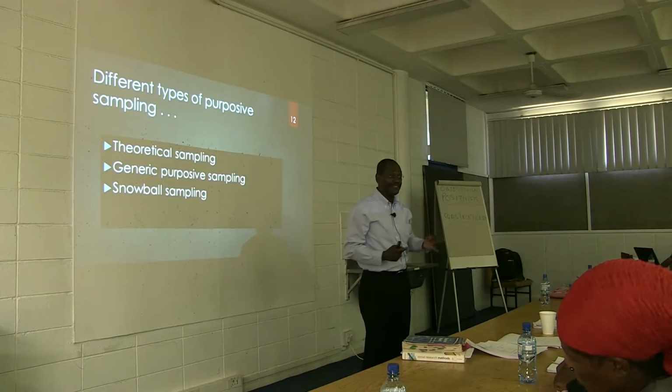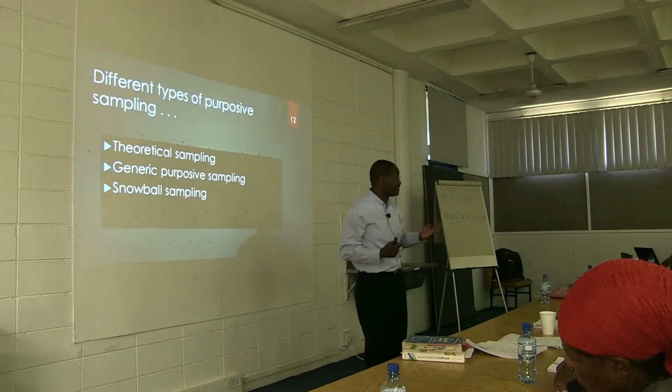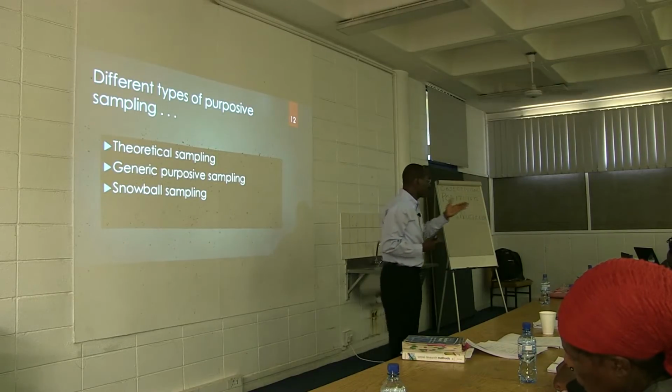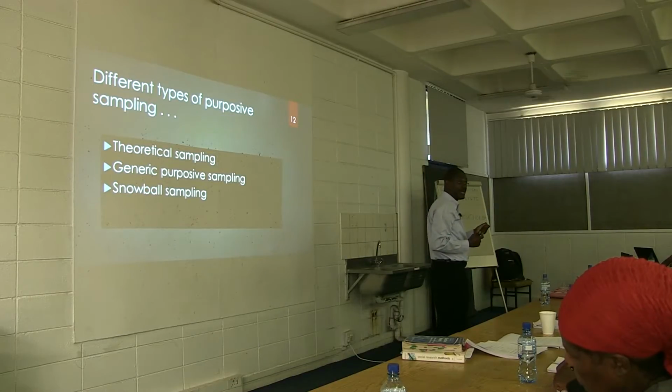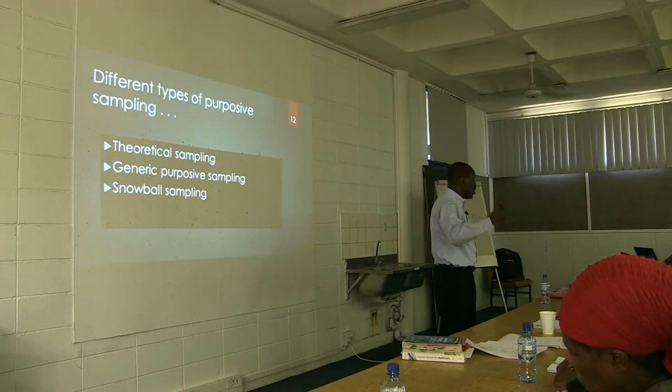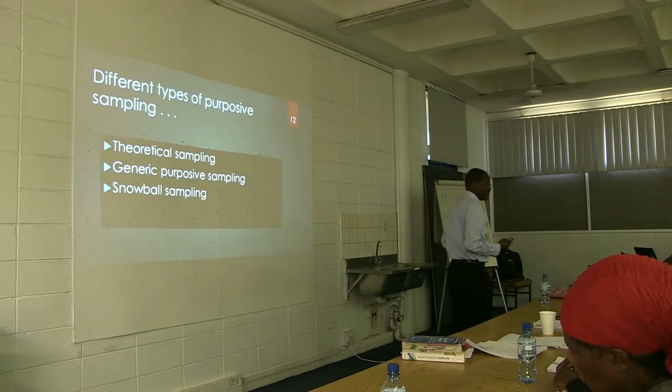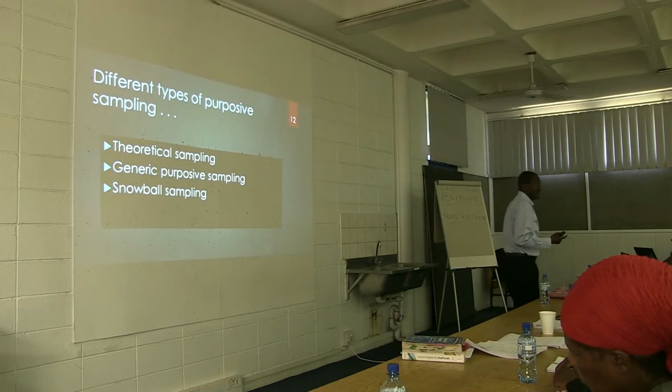Was she black? What class was she? What ideology was she writing from? What knowledge base was she writing from? What philosophical base was she writing from? So once you know all that, you are able to critique a paper. Does that make sense? Yeah, you are able to critique a paper.